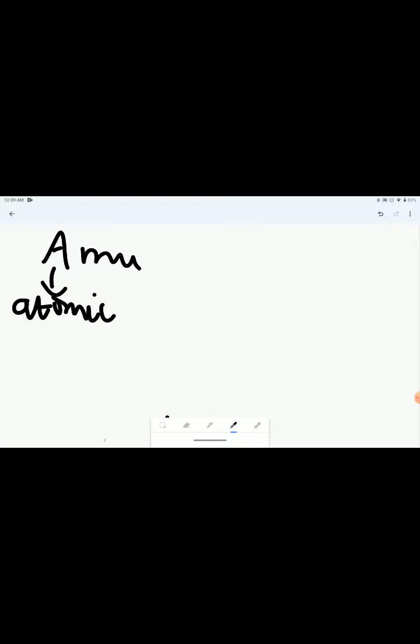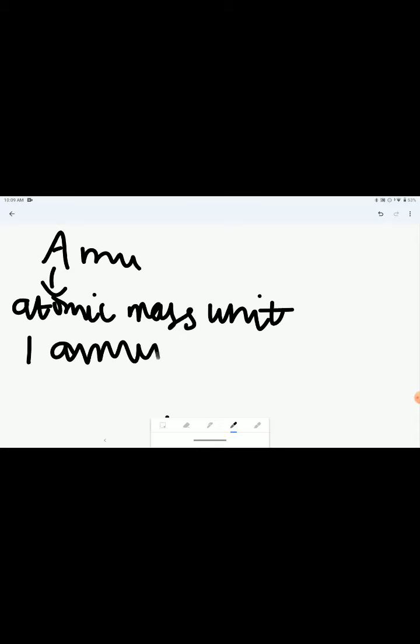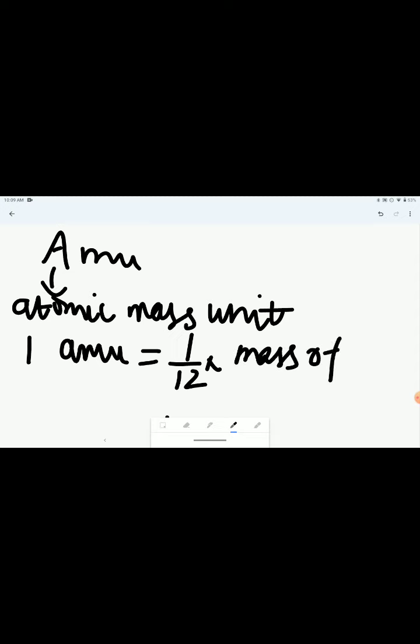One AMU is equal to 1/12th of the mass of one atom of carbon, C12. 12 grams of C12 is also known as 12 grams of carbon. So 1 AMU is 1/12th of the mass of one atom of carbon 12.